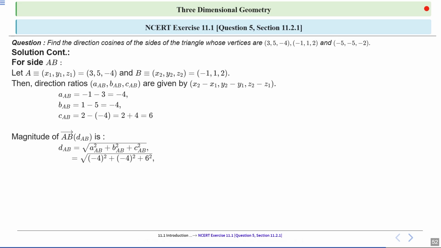DAB equals square root of 16 plus 36, as minus 4 whole square is 16 and 6 square is 36. Adding this together, DAB equals square root of 68, as square root of 4 times 17. This is equal to 2 times square root of 17.